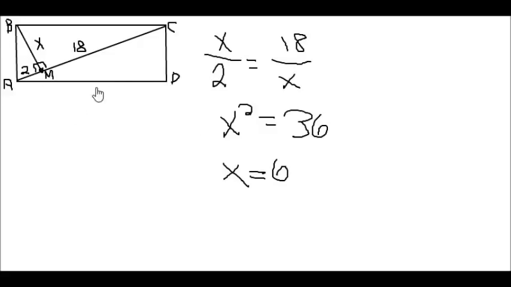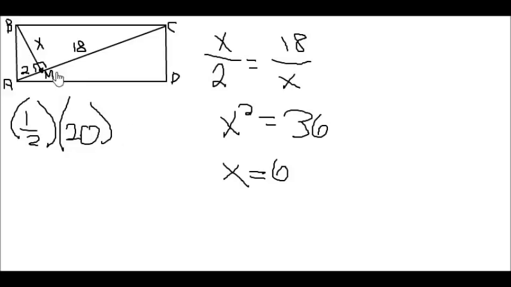And now that we have the height, we can find the area of the triangle. It's just 1/2 times the base, which is 2 plus 18, that's 20, times the height we just found, 6, and you get that the area of triangle ABC is equal to 60.